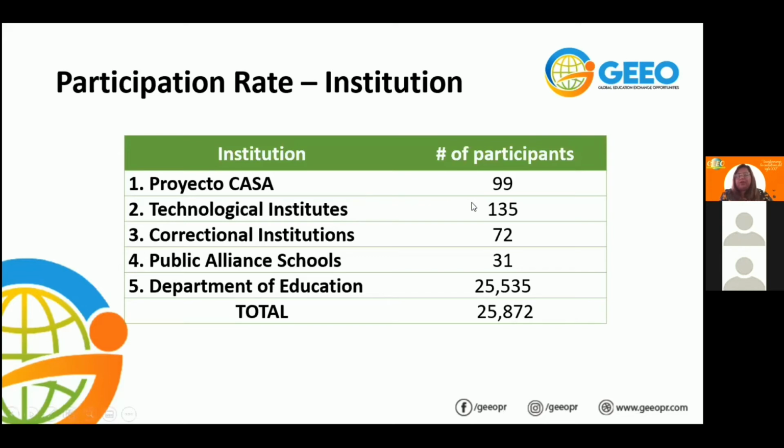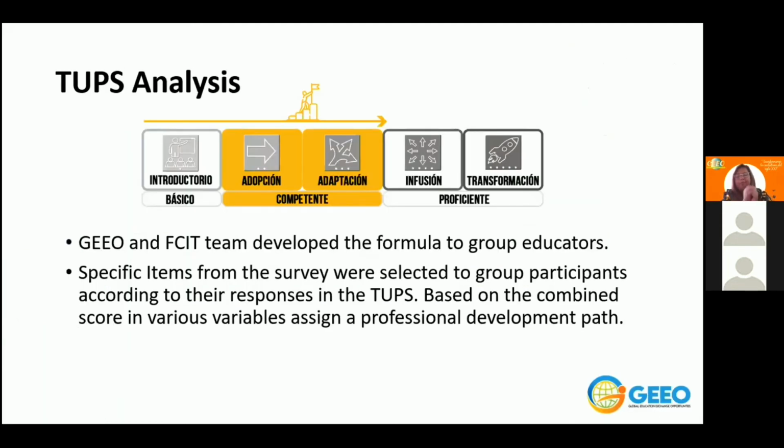From the technology institutes, the vocational technical program after graduation, 135 educators. Educators serving students in correctional institutions, 32, and public alliance schools, a type of charter school in Puerto Rico, also took the assessment. So this was a very inclusive process.